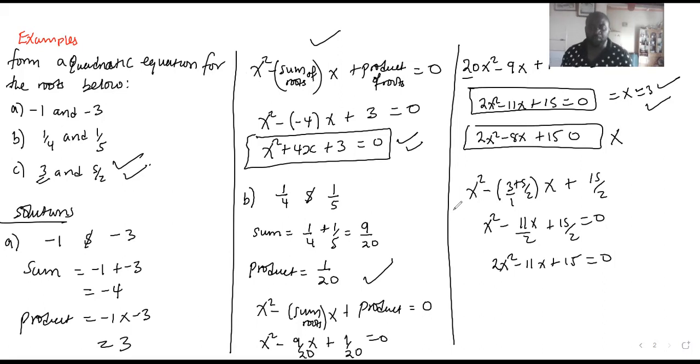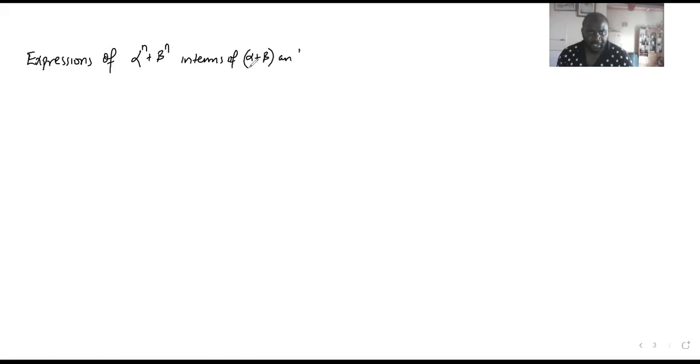Okay, now let us go to proofs, because they can set these numbers in terms of proofs. Expressions of alpha power n plus beta power n in terms of alpha plus beta and alpha times beta.